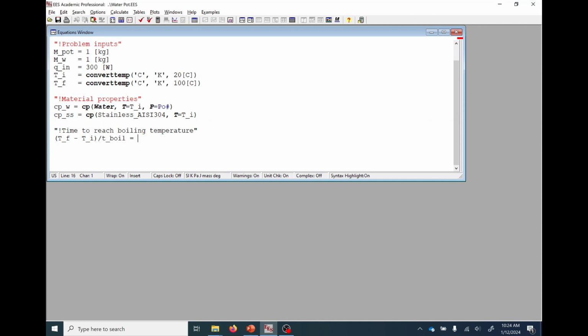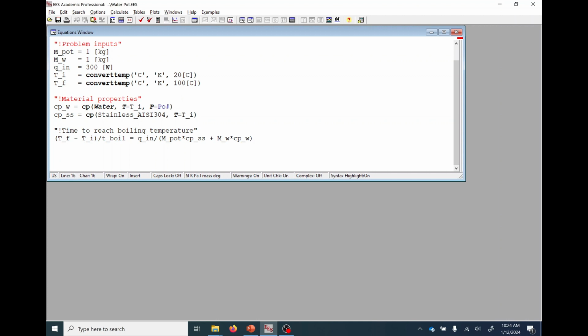And that's equal to the heat input rate, Q in, divided by the thermal mass of the system, or in this case, M of the pot times the specific heat of stainless steel plus M of the water times the specific heat of water. And now we should just be able to go ahead and solve this.